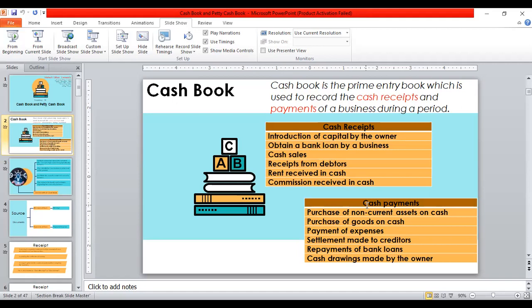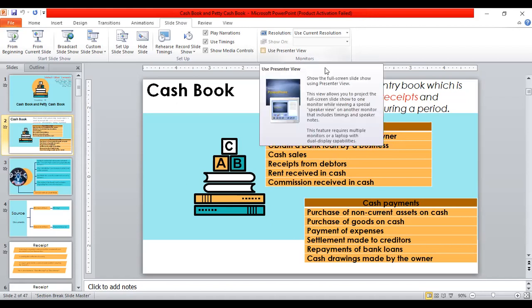So the payments are purchase of non-current assets on cash, purchase of goods on cash, payment of expenses. These are the examples of payments. I repeat, in this prime entry book, we record both the receipts and the payments of cash.